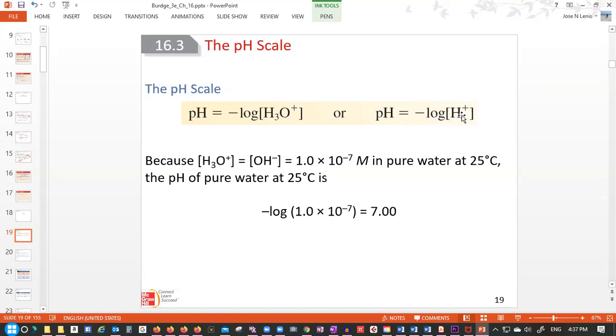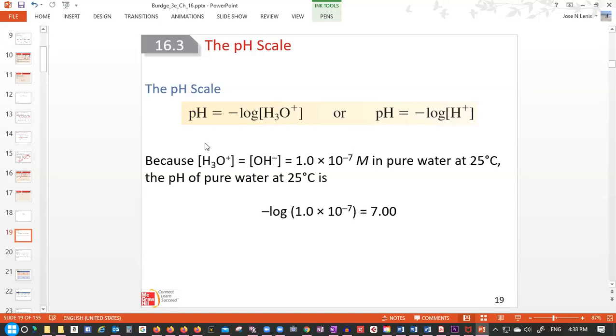So in pure water, we can find what the pH is. Remember, previously we said that in pure water, the concentration of H plus equals concentration of OH minus. So let's find the concentration of H plus in pure water. We just learned that in pure water, the concentration of H3O plus is 1.0 times 10 to the negative 7, which is the same concentration of OH minus.